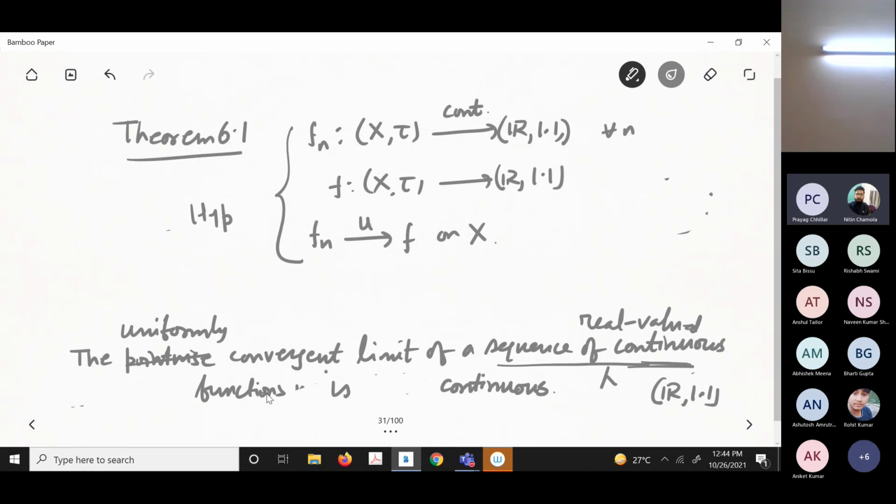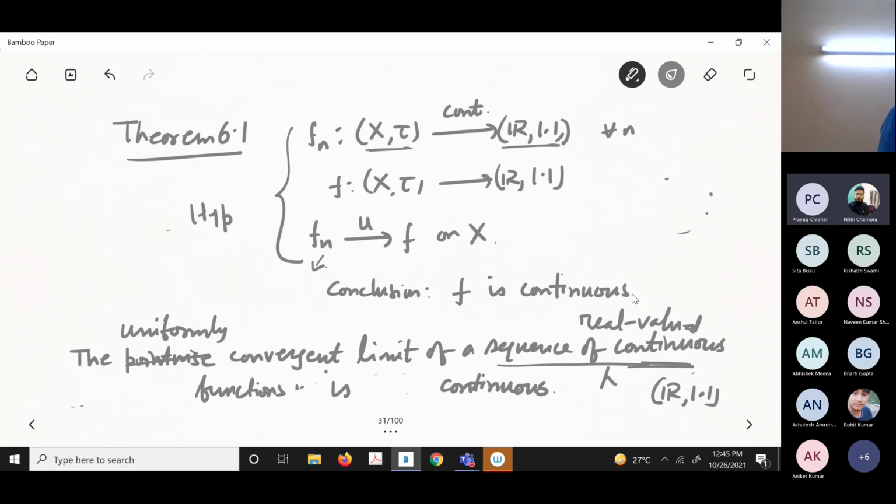This is the short version. What does this mean? Here we have a sequence of functions converging uniformly to f, and those functions are continuous. If you are talking about continuity, then obviously you need topology on both sides. So you have a topological space, and on the real line you have the usual metric. Then the conclusion: f is also continuous. Got it? This is the thing.